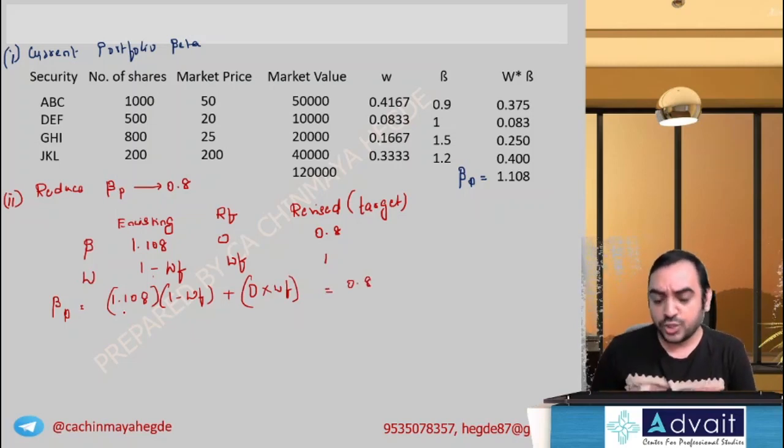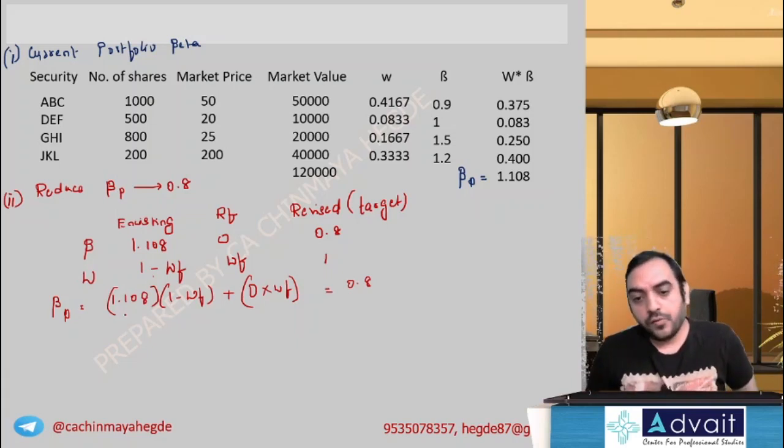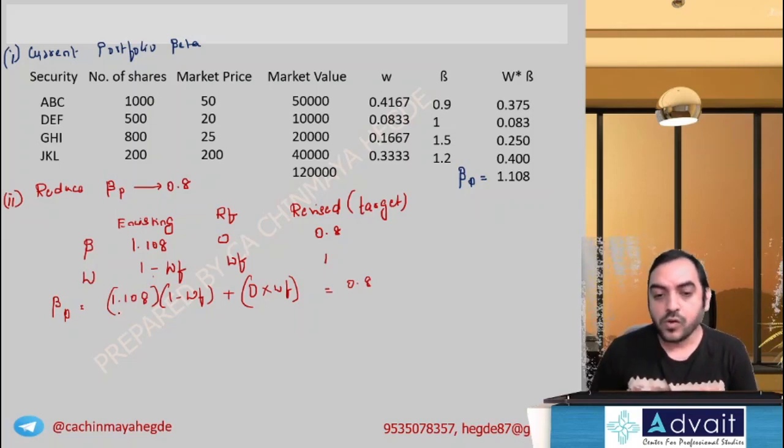Just simplify, you get the value of weight in risk-free security. Similarly, instead of putting the weights, you can directly compute the amounts also.